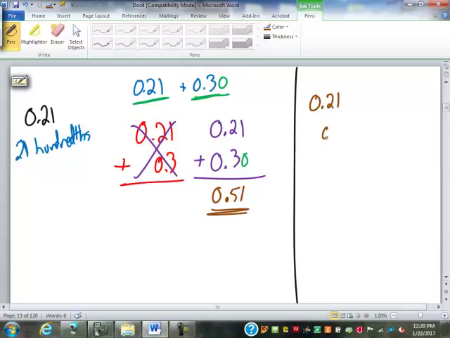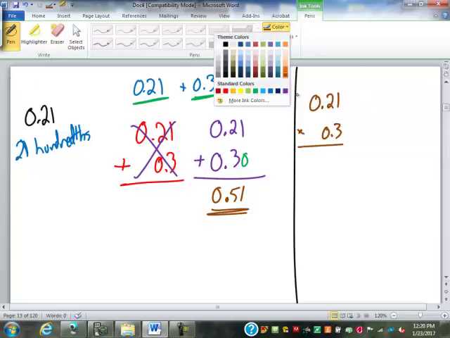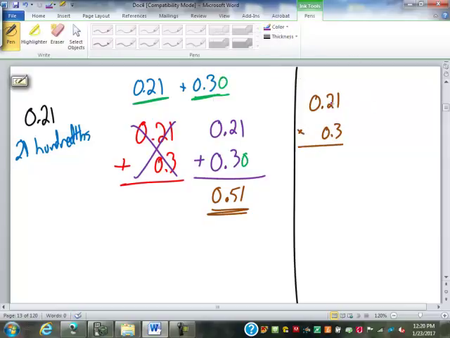When we multiply, however, you'll notice I'm not worried about lining up the decimal points because I don't need the same name. 21 times 3 is 63. Where is my decimal point going to go? Is it going to go right here?